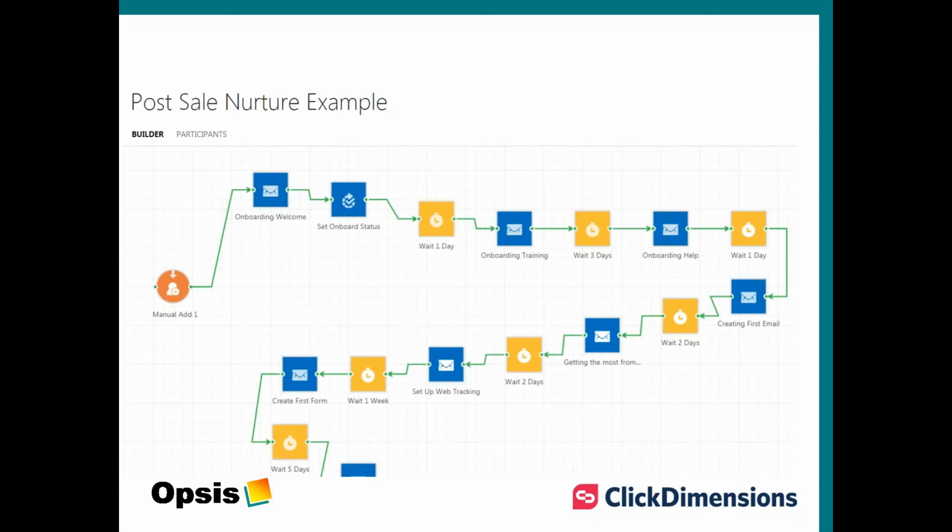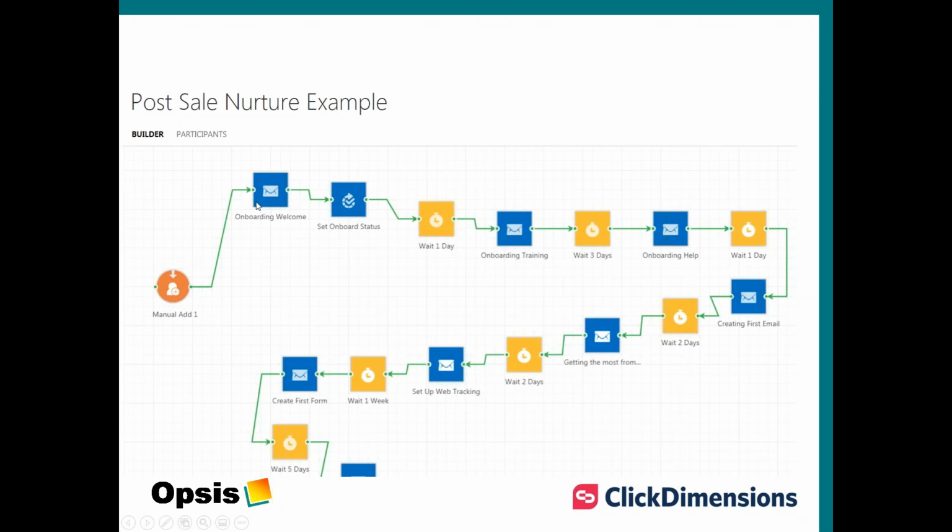This example is a more complex nurture example, and this is a post-sale nurture example. So the actual trigger is that they purchased something from us, and off the back of that purchase, they were added to a marketing list.